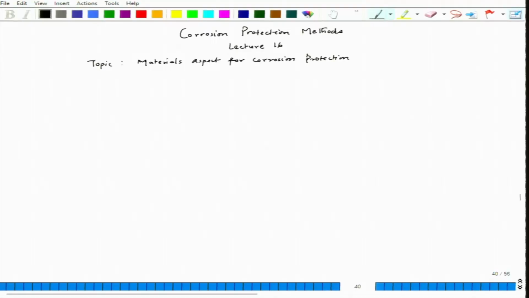If we look back at previous lectures, you will see that we talked about composition effect, and we have taken reference in case of stainless steel. In fact, we have seen that by changing composition we can get several stainless steels, and when we talk about stainless steel we mainly look at the passive layer, and that passive layer gives you the protection against pitting as well as crevice corrosion.